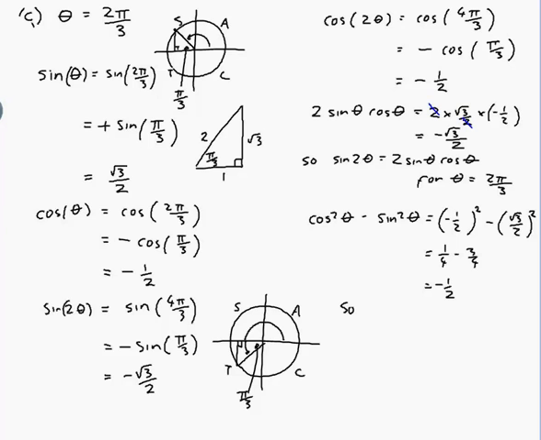So cos 2 theta is equal to cos squared theta minus sine squared theta, for theta is equal to 2 pi on 3. So we've verified both formulas for all three of our angles. That's the end of the question.